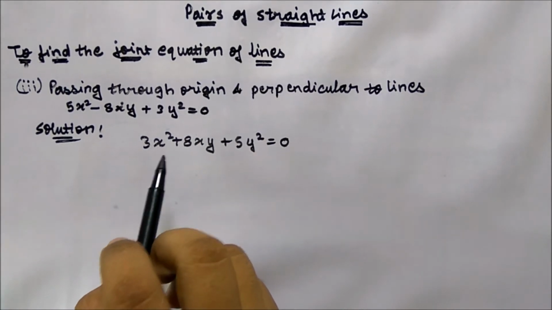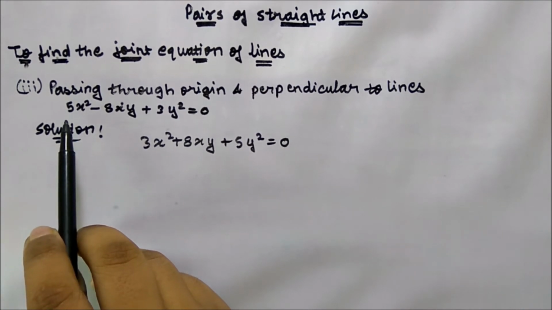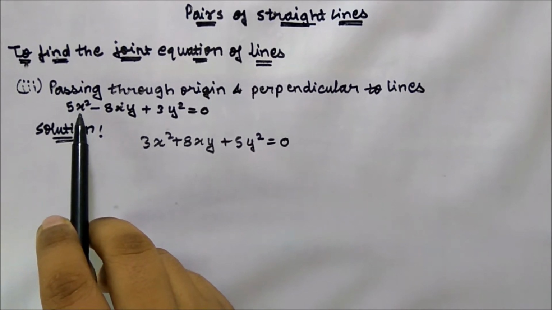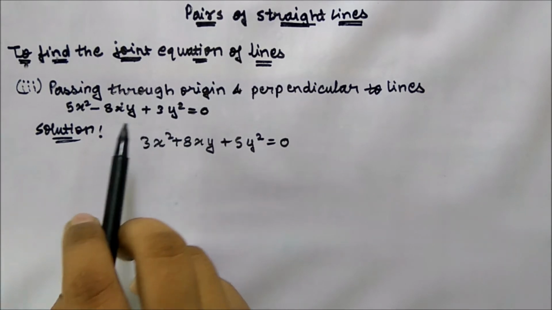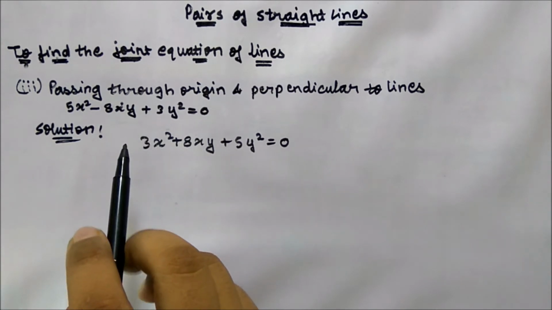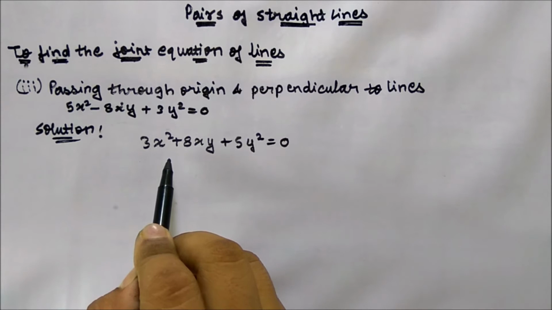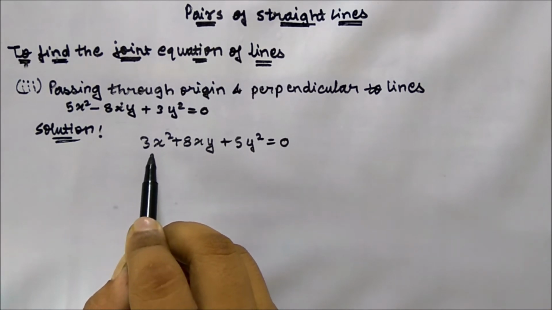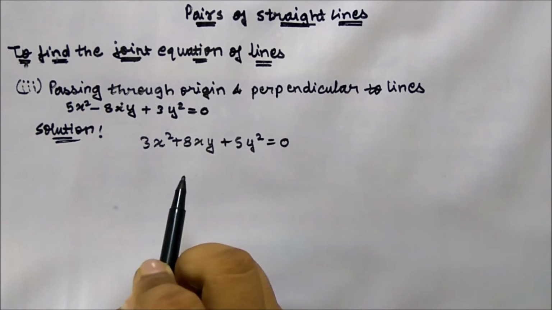Now here we can observe that in our given equation, the coefficient of x square is 5 and the coefficient of y square is 3. That is, a equal to 5 and b equal to 3. And in our required equation, the coefficient of x square is 3 and the coefficient of y square is 5.